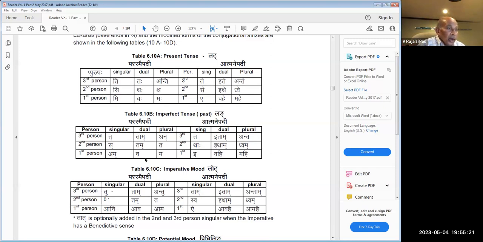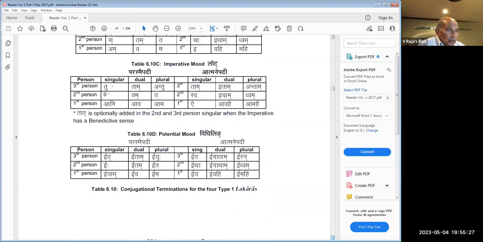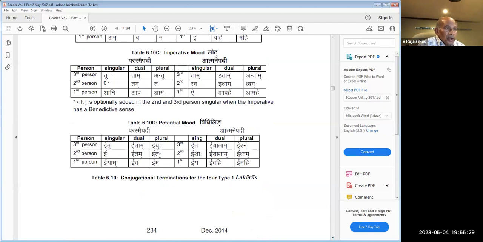And we also have seen the potential. In the potential, you add different pratyayas, and bhava plus it is bhavet. That's all. And shubham bhavet: may the shubham come to you.